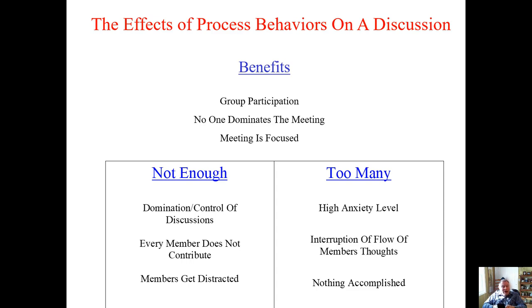So if you're with a team or a meeting and everybody keeps picking up and using their phone and texting, why is that? Is everybody participating? Too many, high anxiety. Sometimes you interrupt people when they're in the flow and nothing gets done. So this gives you a sense.